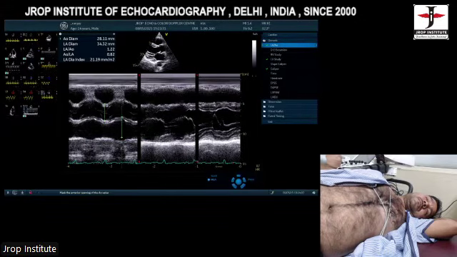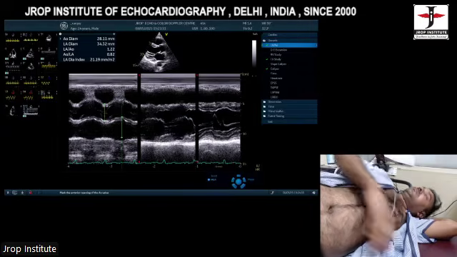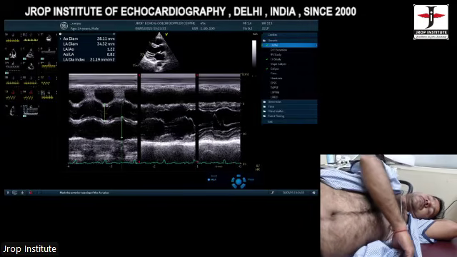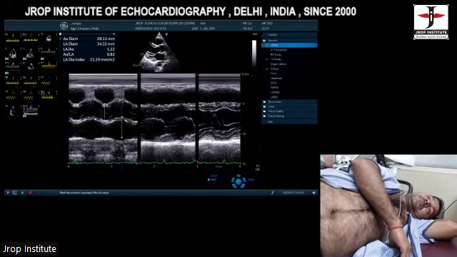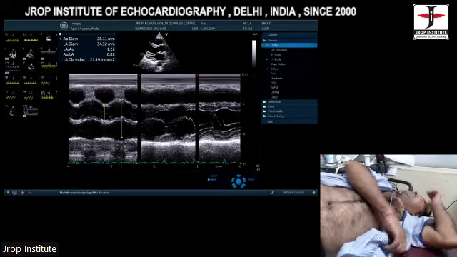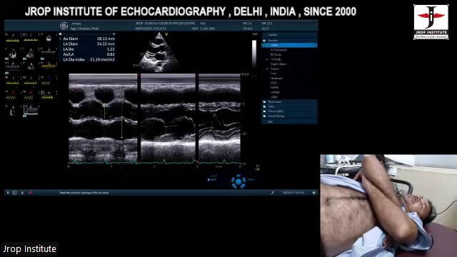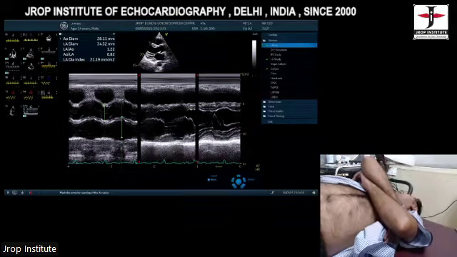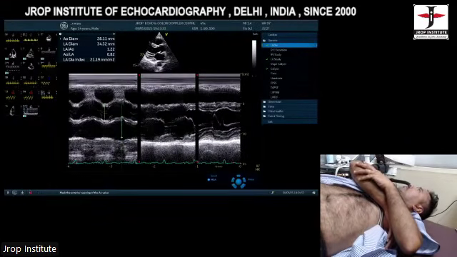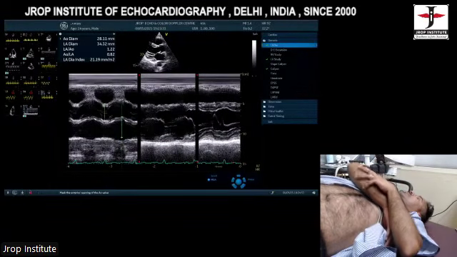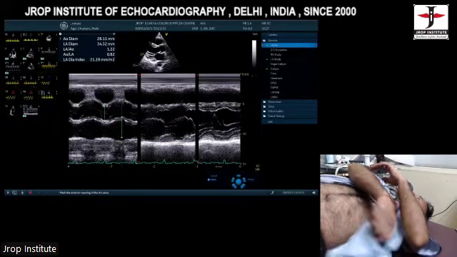Now look, my LA is 21. 32 is LV, 22 is LA. So measurements are good. So just feed height and weight, you get the index value automatically. Index has become more important than absolute value. Correct. So all the reference values which we have to compare with are the index value itself, right?